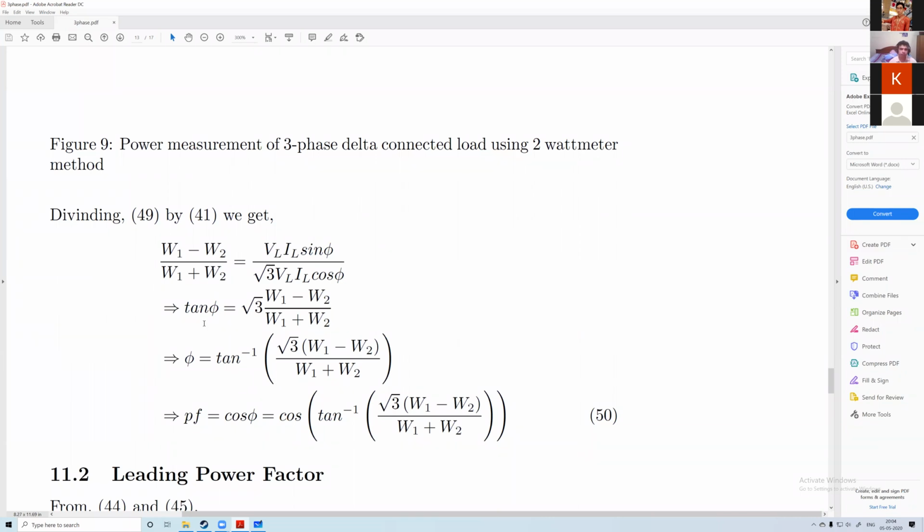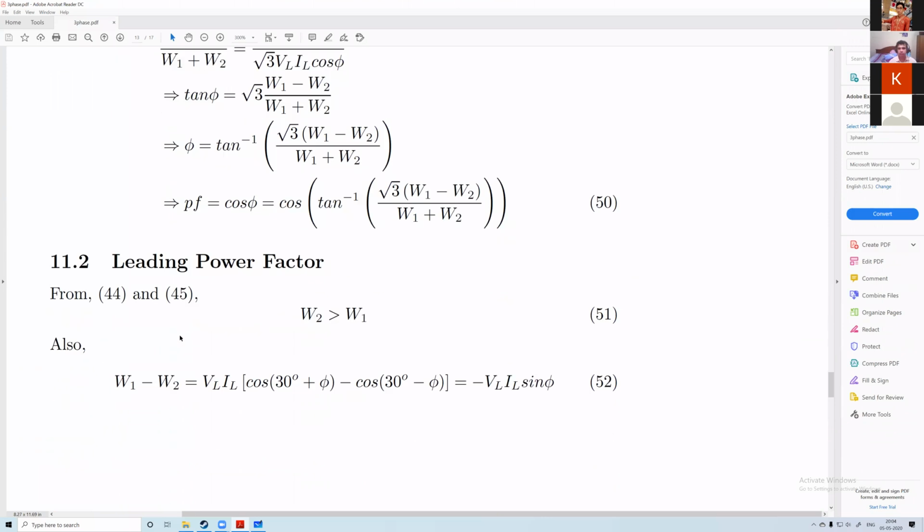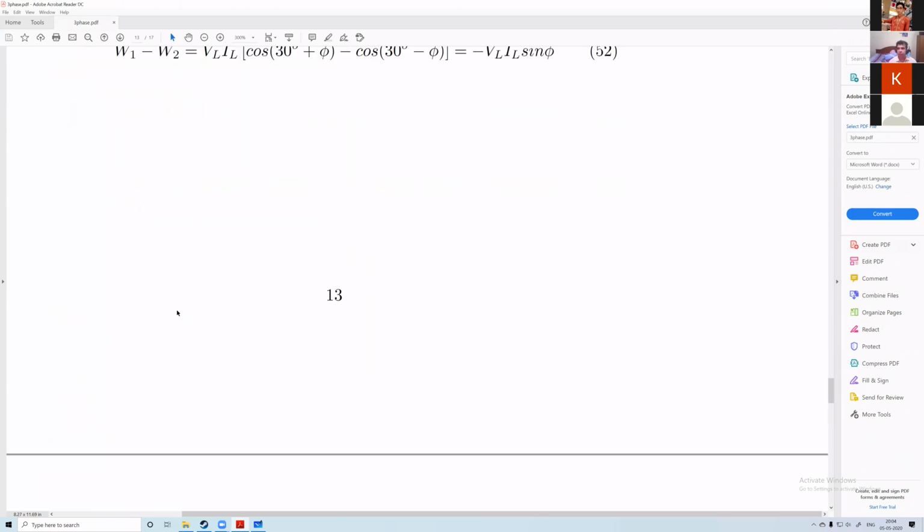Okay, good. Now, the last part, what happens? This is for lagging. Now for leading, what will happen? W1 and W2 would be just interchanged.